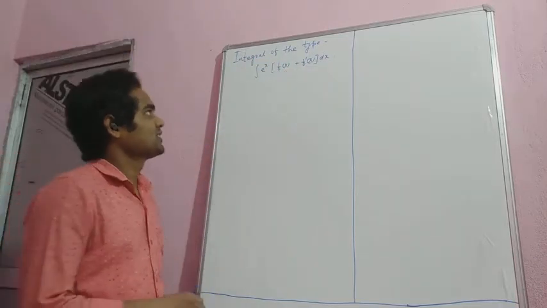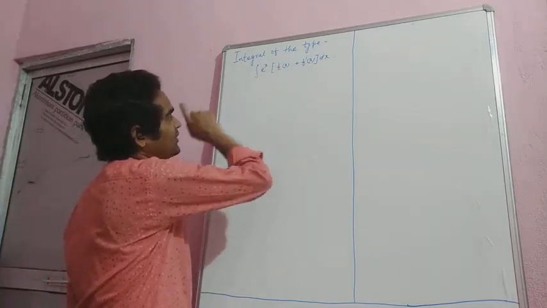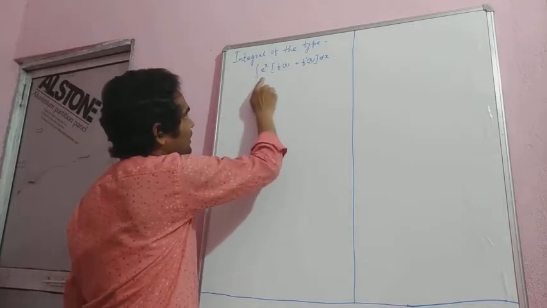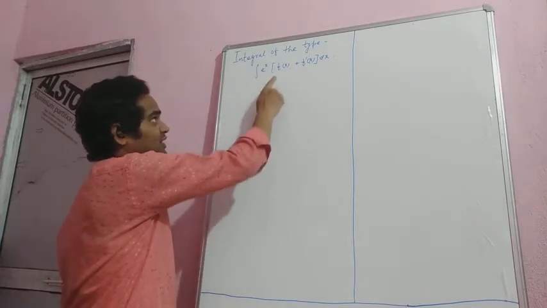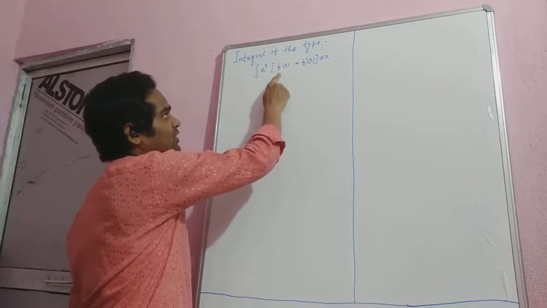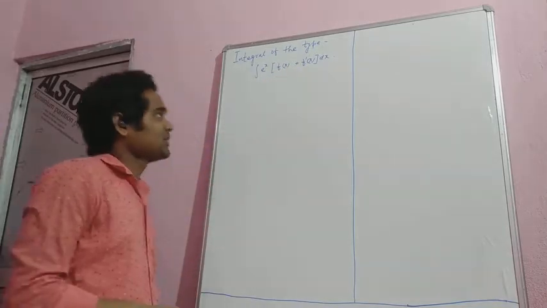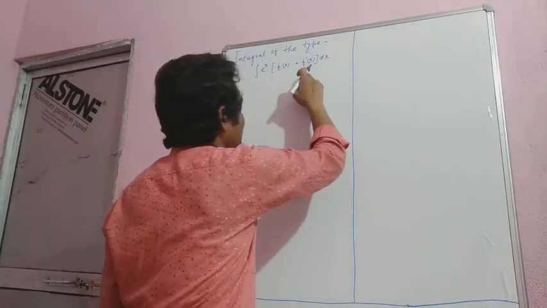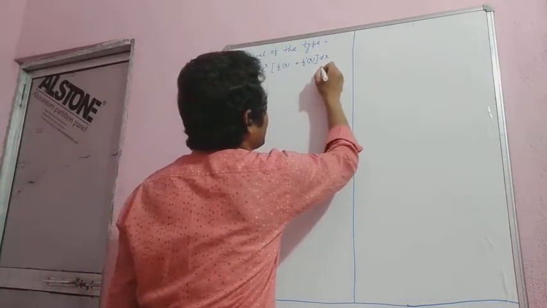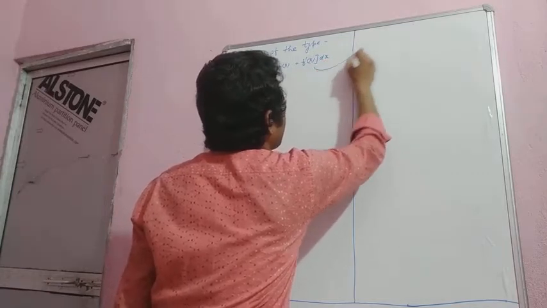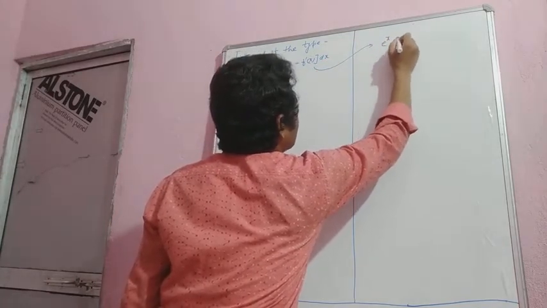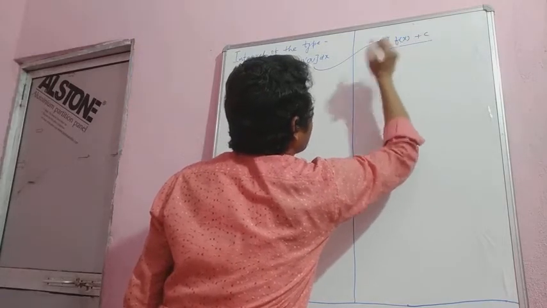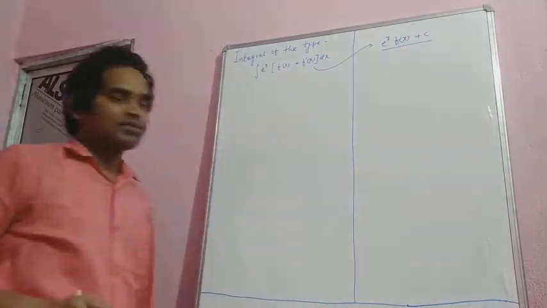That means, students, when our given integrand is of the form e to the power x multiplied with the sum of a function and its derivative, then we can directly write the integral of this type as e to the power x into f(x) plus c.